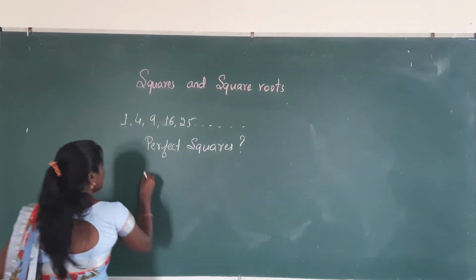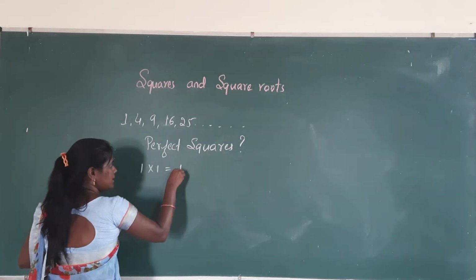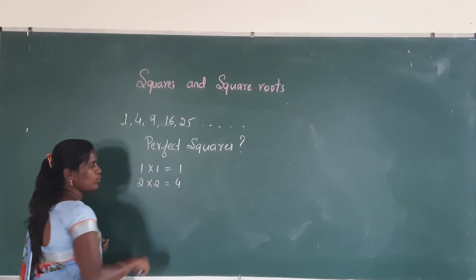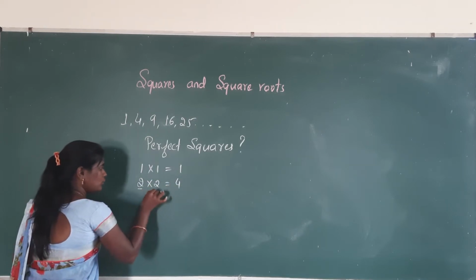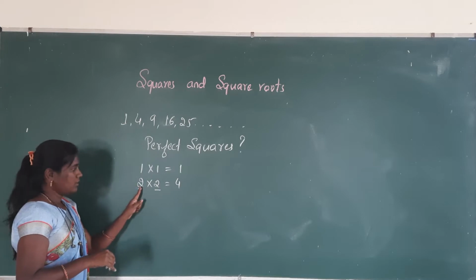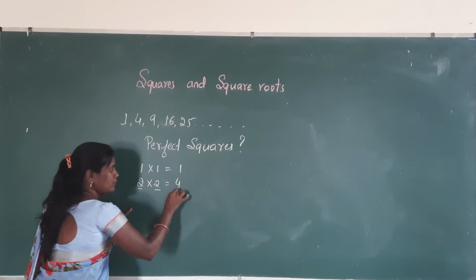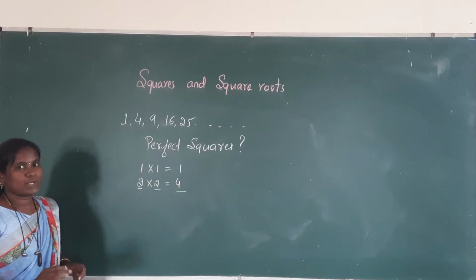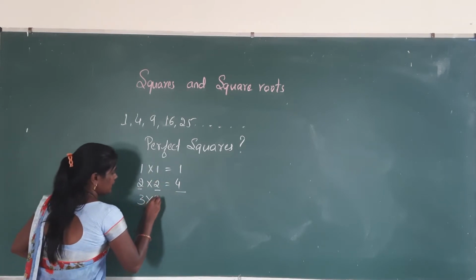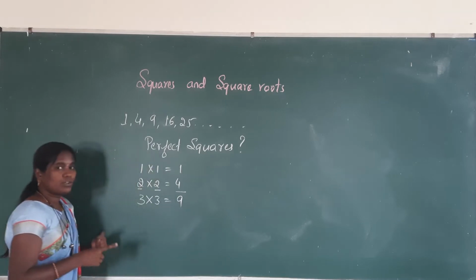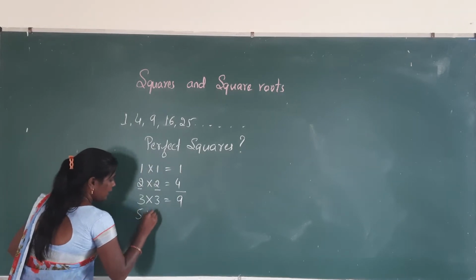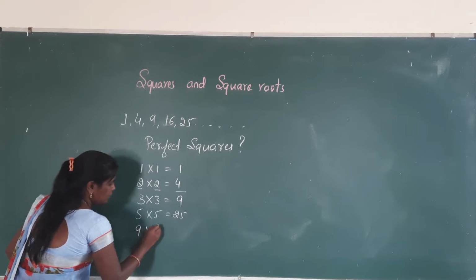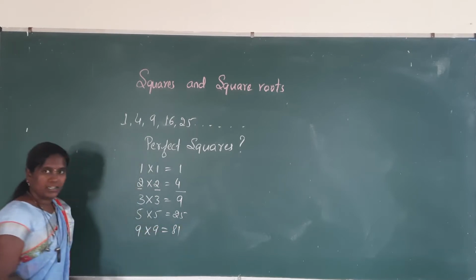See, 1 into 1 is 1. 2 into 2 is 4. You are multiplying 2 by itself, and you are going to get 4, where 4 is a perfect square. If you multiply 3 with 3, the product is 9, and 5 with 5 it is 25. 9 into 9 is 81.